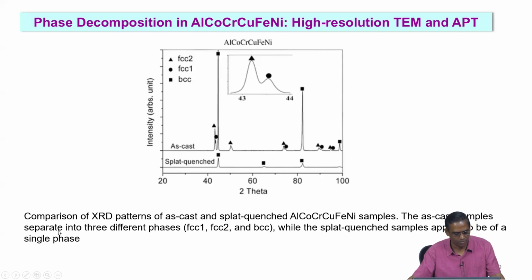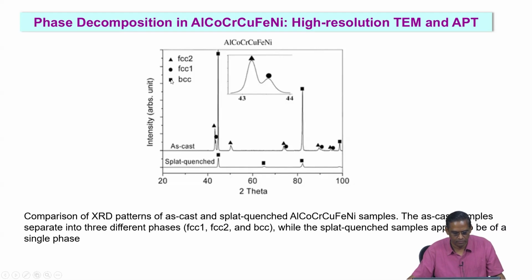The as-cast samples separate into 3 different phases: FCC1, FCC2 and BCC, while the splat quenched samples appear to be of a single phase. So you can see that the splat quenched sample exhibits a single phase, and the as-cast sample has 3 different phases.